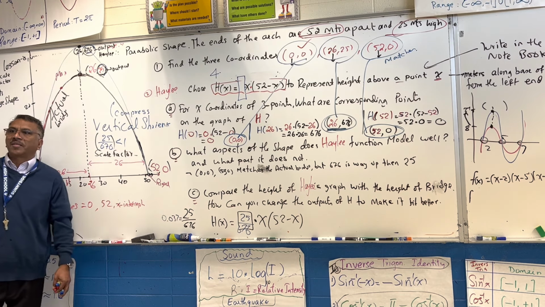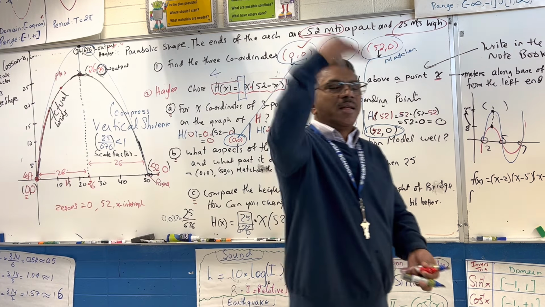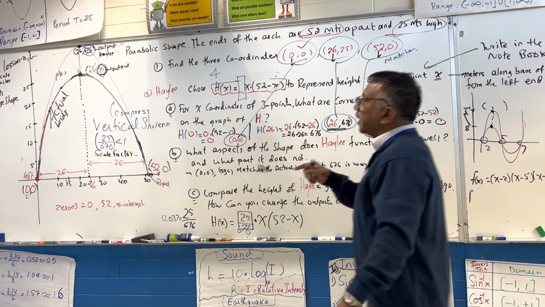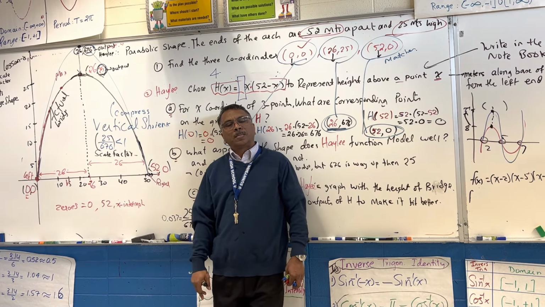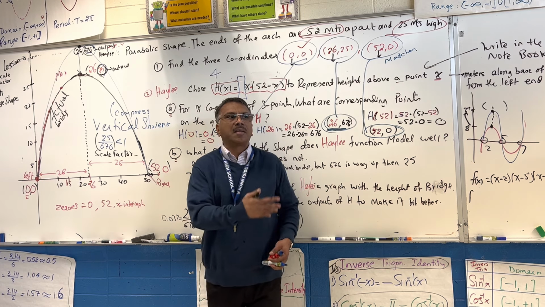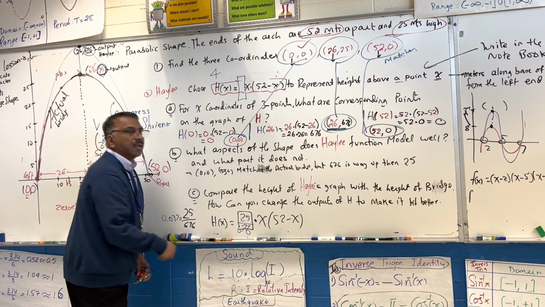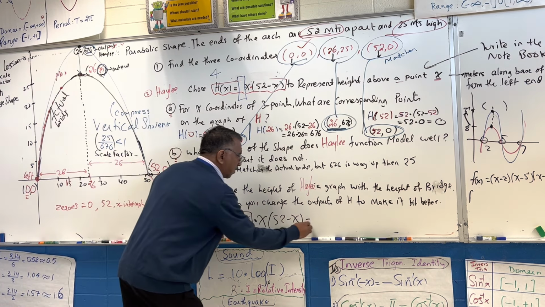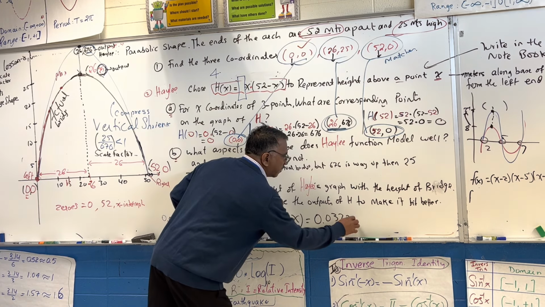Got it? What is the meaning of scale factor? When you want to change the output 676 to 25, you have to multiply something, and that something is called the scale factor. So what you learn is how this number affects it. It's 0.037x.